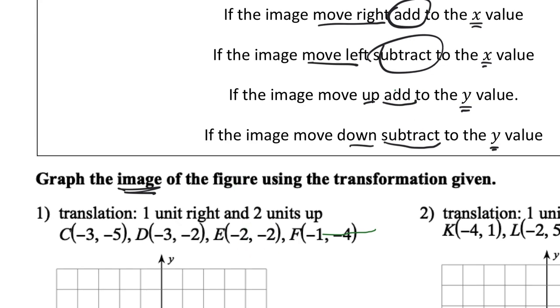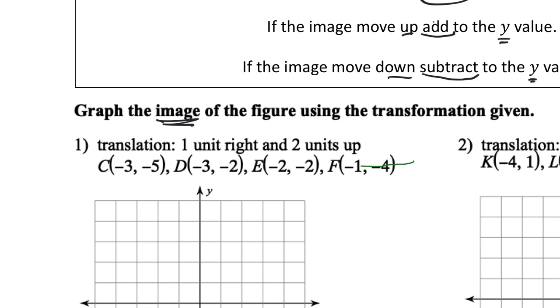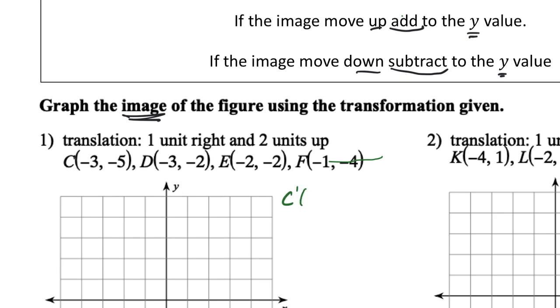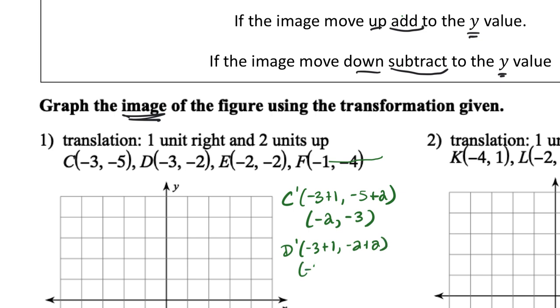So my C prime is going to be -3 plus 1 and -5 plus 2. So this point is going to be -2, -3. My D prime is going to be -3 plus 1, and -2 plus 2, not plus 1 but plus 2. And so I got -2, 0.